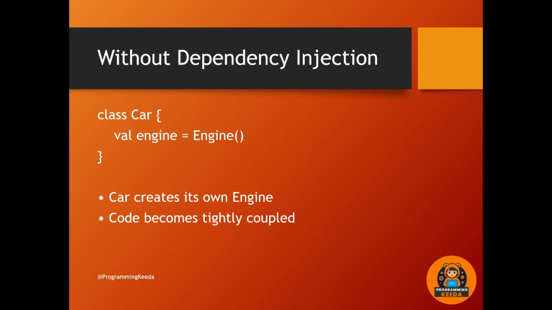At first glance, this approach looks simple, but it creates a strong dependency between car and engine. This is known as tight coupling. When classes are tightly coupled, changing one class often forces changes in another class, which is not a good design practice.